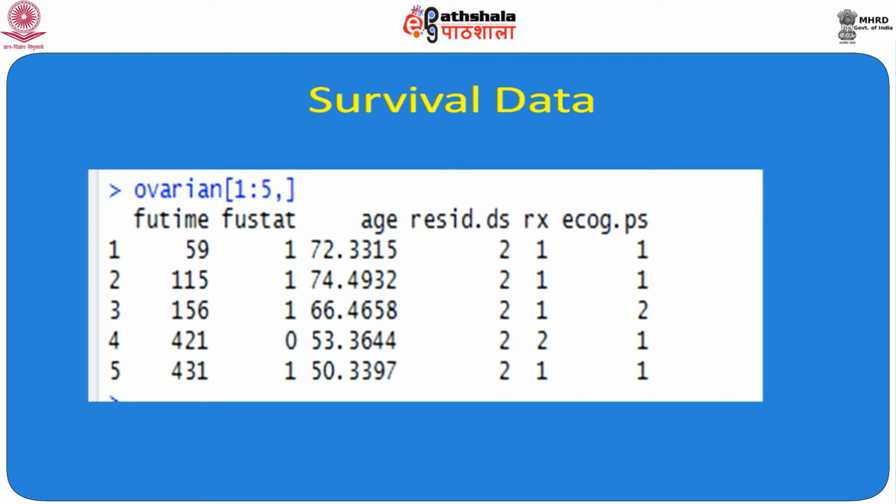Their age is given as 72.33 years for the first individual who entered the study, 74.49 years for the second individual, and their residual.ds is also given, 2 for them. Again, in the column Rx, it is given as 1 and 2, which says what treatment was given to them, Rx1 and Rx2.